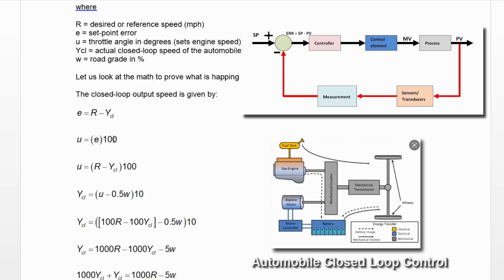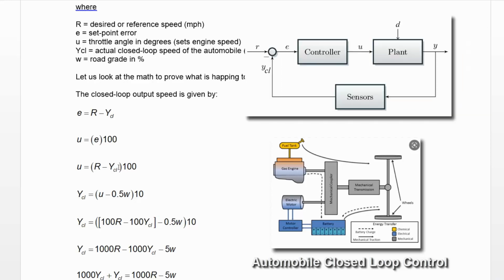This would be KE, or error times K, the gain of the controller, and that gives you U, the output, which is your manipulated variable. Now, we substitute in for error what error is, R minus YCL. So U, the output of the controller, equals R minus YCL times 100.